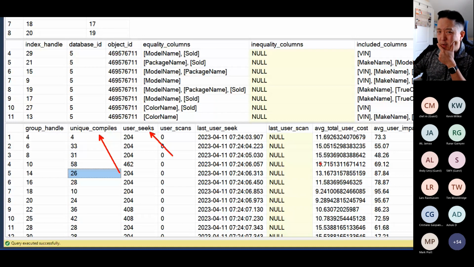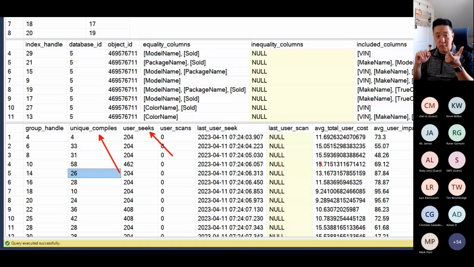There's one key bit of information that's missing from these three DMVs, though. There is no reference back to the original execution plan that generated the missing index recommendation. And remember that it's not the query that generates a missing index recommendation, it is the execution plan, because there are cases where you could have two, quote, different queries that generate the same execution plan, and therefore could generate the same missing index recommendation.